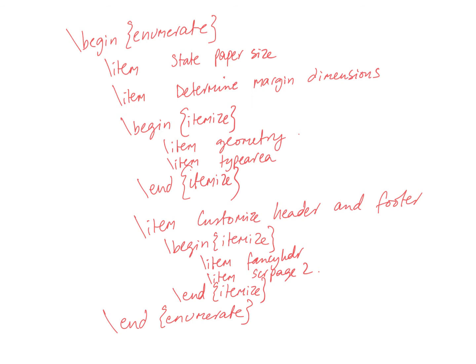So when you use an enumerate environment, you'll see that the numbers 1, 2, 3, 4 start adding up, right? Each list item is introduced by the backslash item, and each one has a number with it, right? Now if I were to enumerate continuously, the first level will get numbers 1, 2, 3, 4.